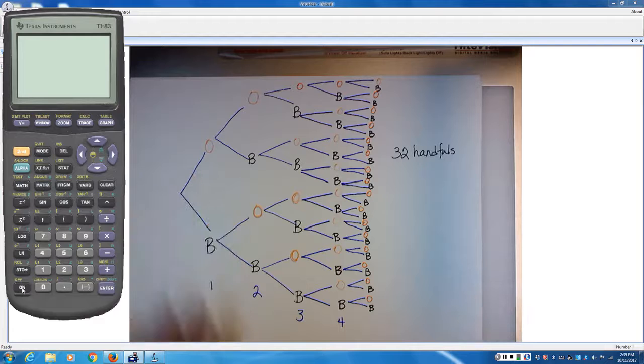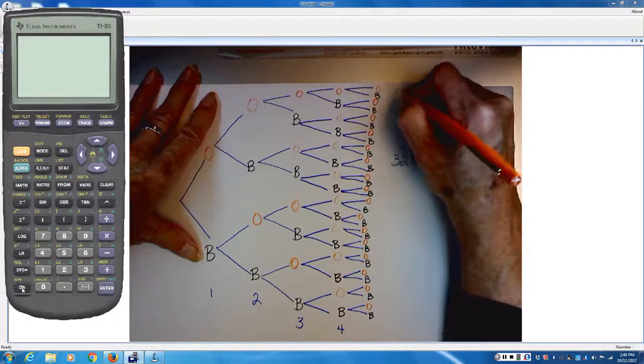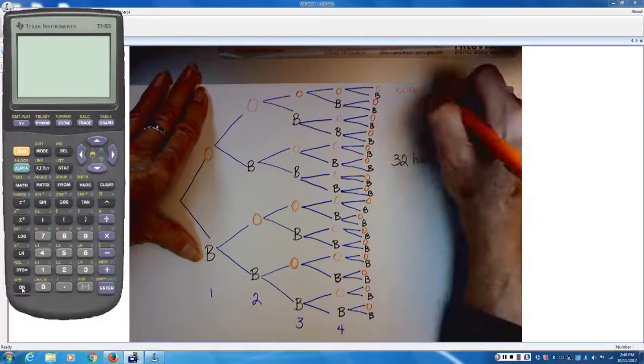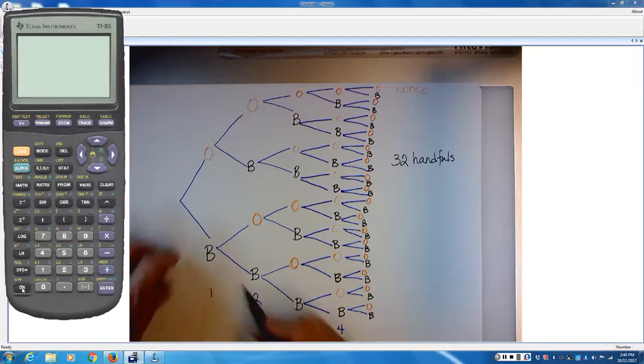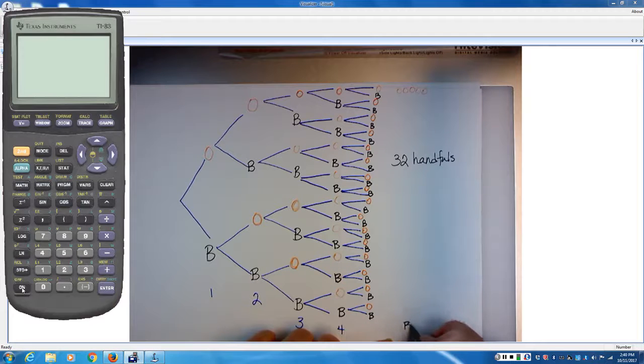And they all look different. The top one is all orange. The bottom one, brown, brown, brown, brown, brown, is all brown.